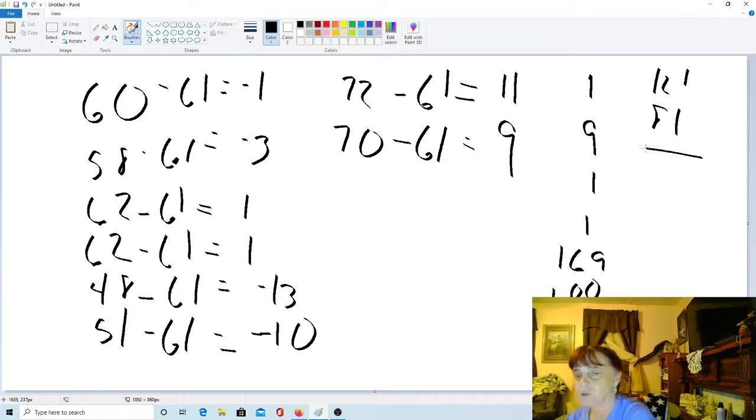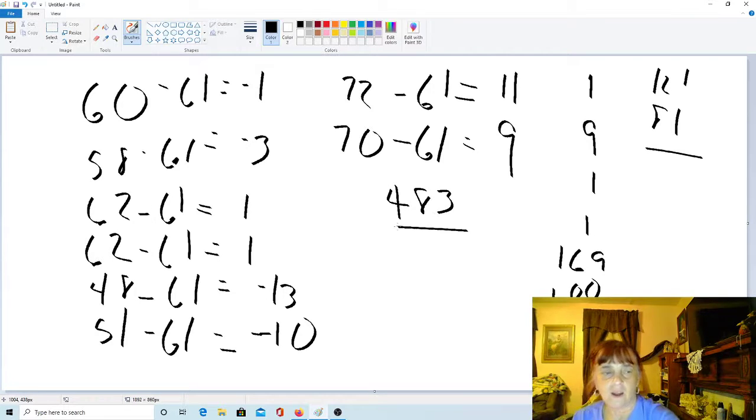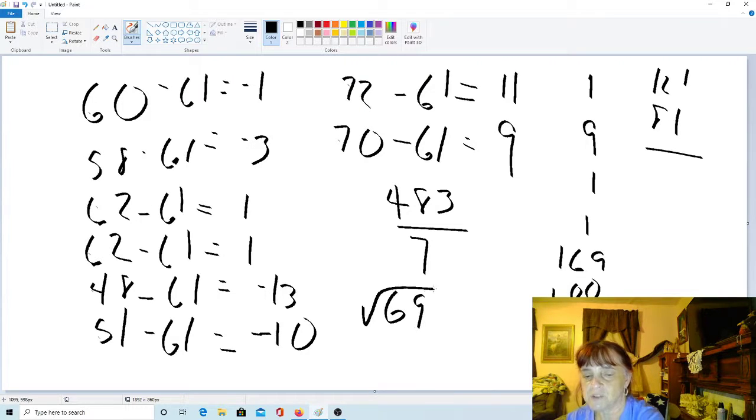I get 483, and you divide that by, how many numbers do I have? 1, 2, 3, 4, 5, 6, 7, 8. So divide this by 7, because there's always one less than the number of numbers. 483 divided by 7 is 69. And the final step is find the square root of 69.